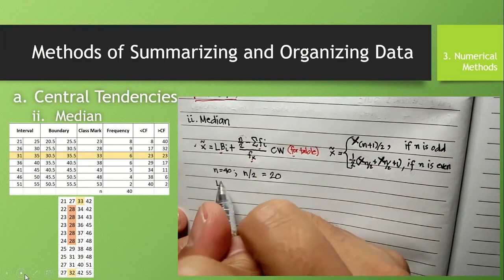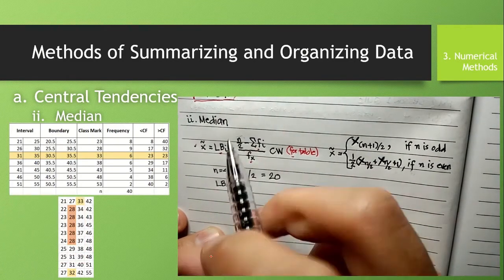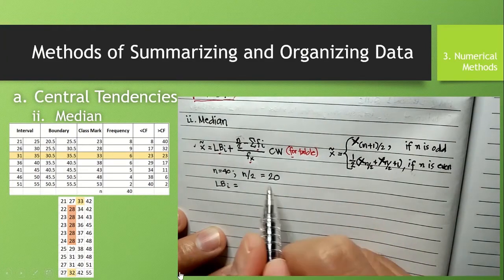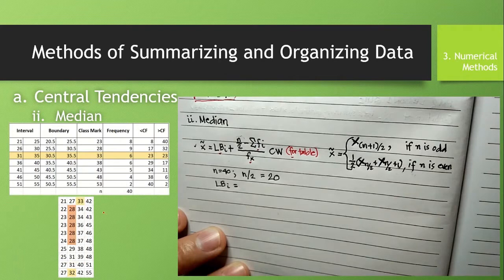If you check our cumulative frequencies here, it tells us where the median class is, or where the 20th data is. The first class contains the 1st to the 8th data.